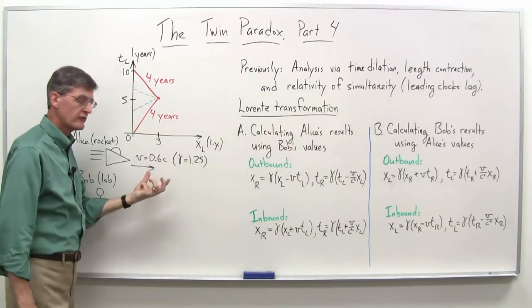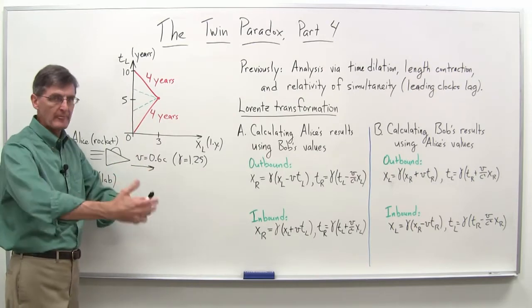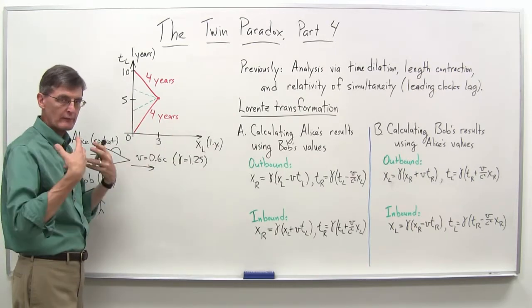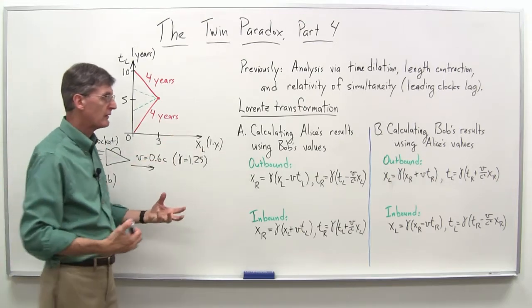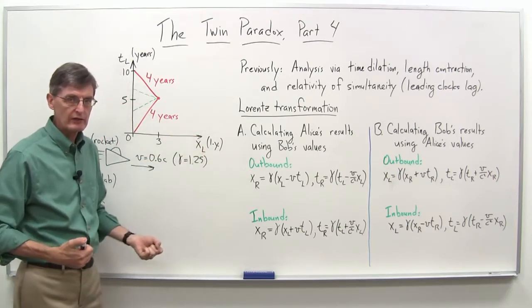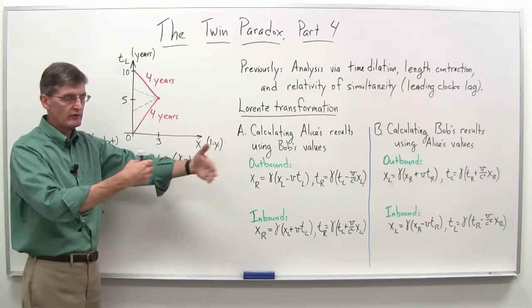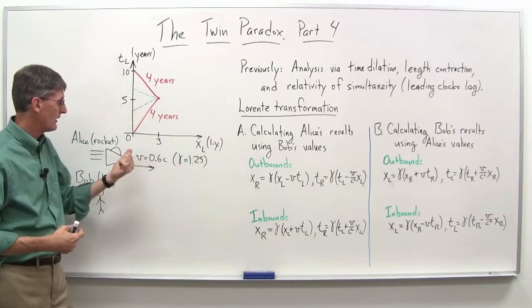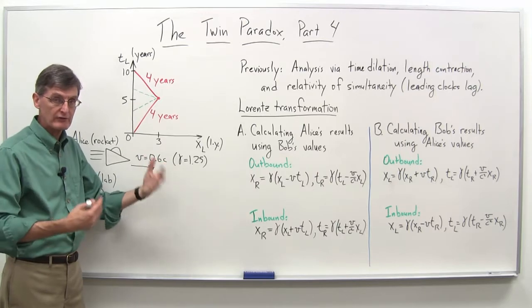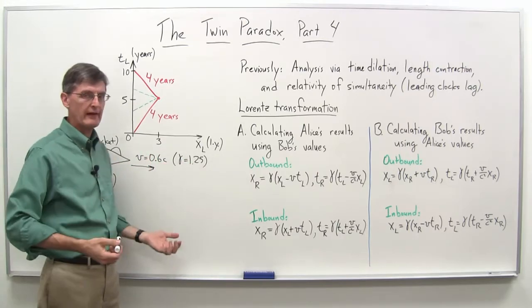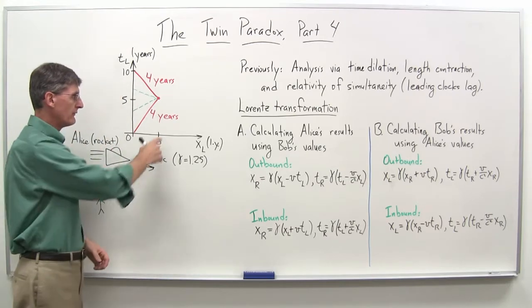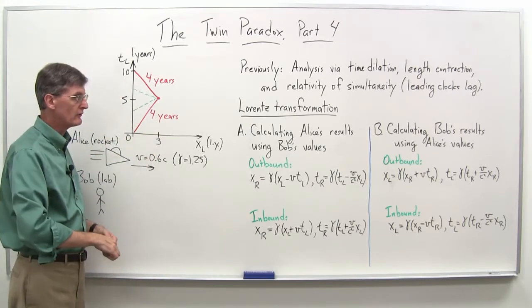Then we did Alice's analysis, where she sees Bob essentially going away and the star coming toward her and then back again. And for that it was a little more complicated. We had to use not only time dilation but length contraction, because she sees the distance to the star not as 3 light years as Bob does, but a contracted distance. So we had to take that into account. And once we did that, we got the correct number of years ticking off on her clock, 4 years.